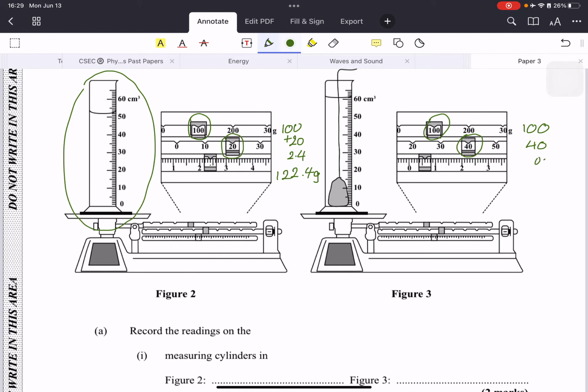So 0.6. So this is 140.6 grams. Therefore the mass of the stone would be 140.6 minus the 122.8, and you will get 17.8 grams. So as you can see, this is a simple sort of experiment, right?